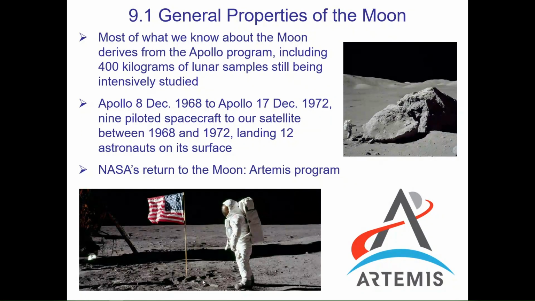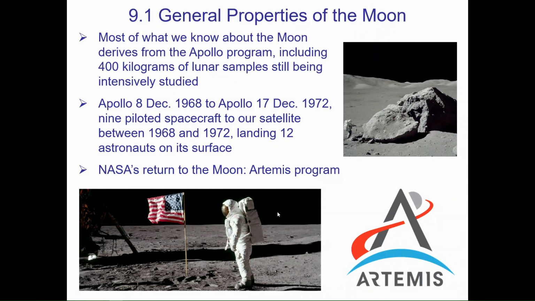And that is basically how the lunar surface looks. Other than those images, which provide very important information about the moon, the program also brought back about 400 kilograms of lunar samples from different locations on the moon to the Earth for us to study in more detail. And so therefore we can know more about the moon.